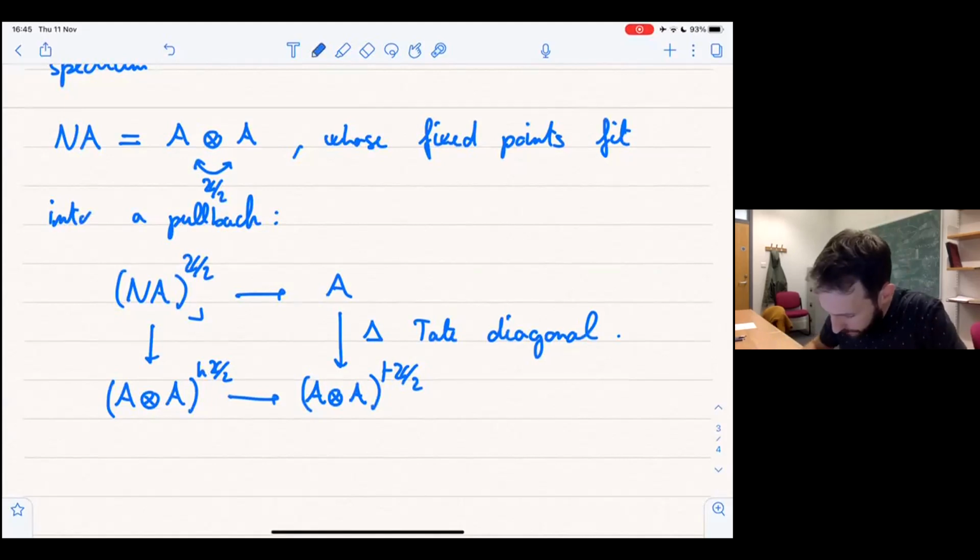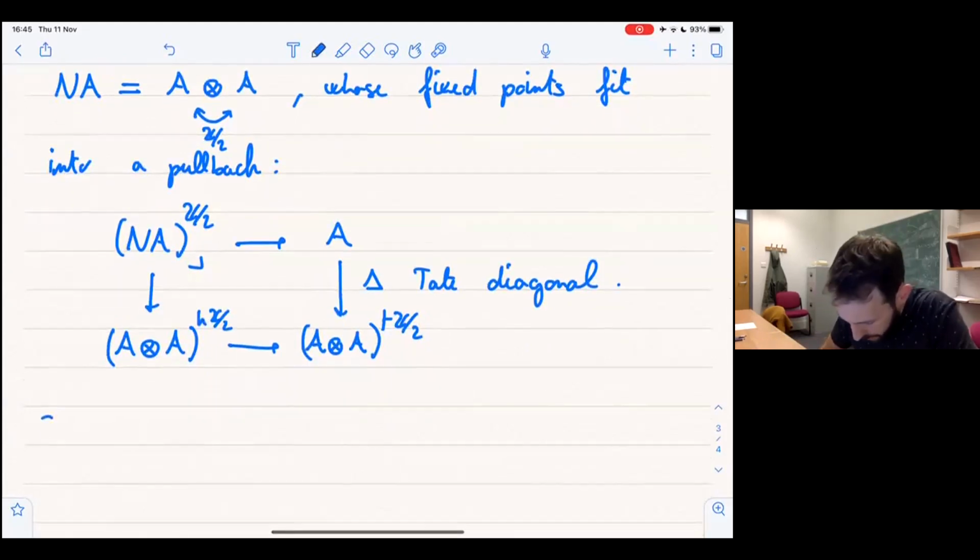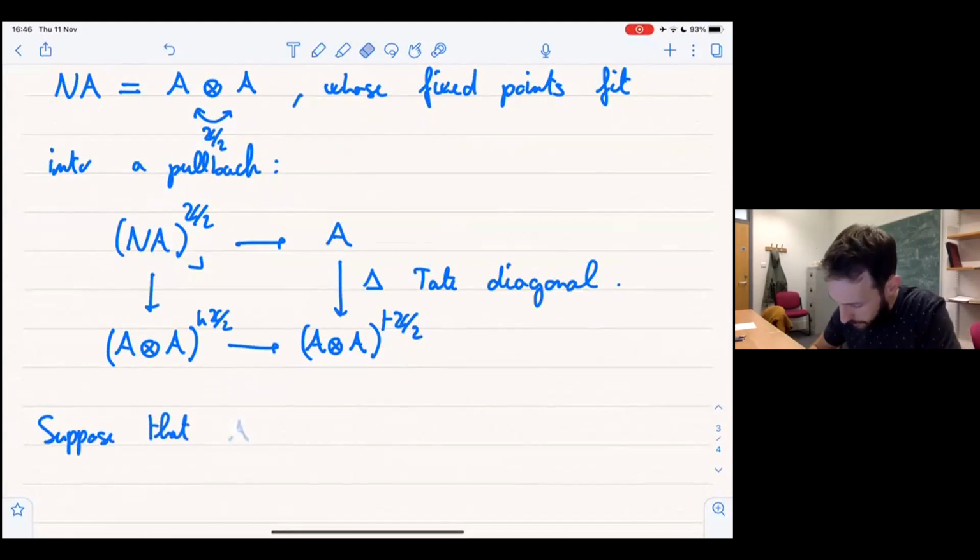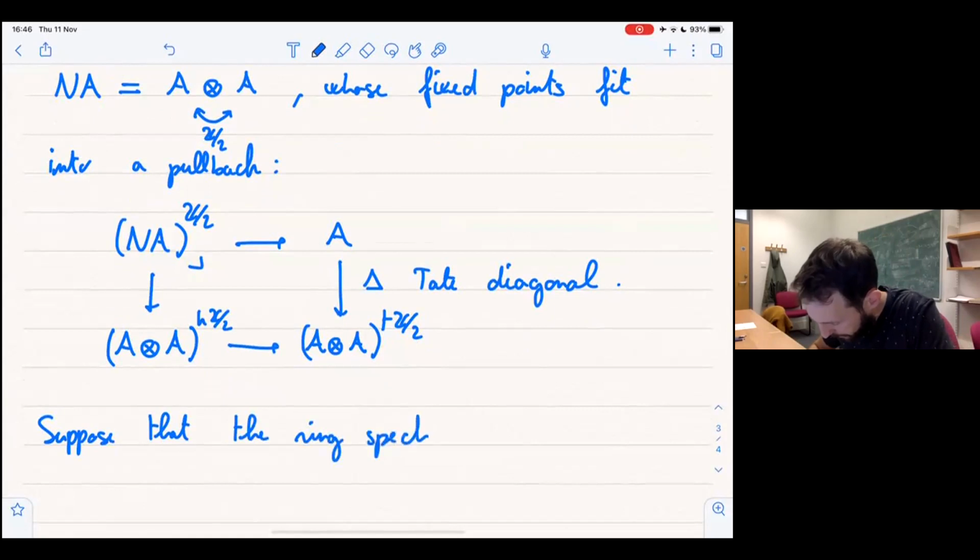So here is what structure we need. So suppose that A, which is a ring spectrum, actually, maybe let me remind you, so that the ring spectrum A is moreover a Z-mod2 spectrum.